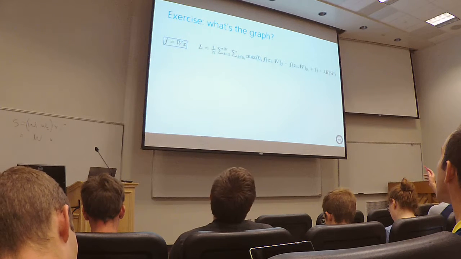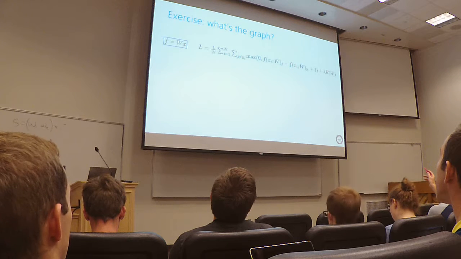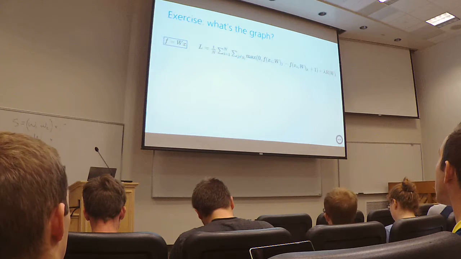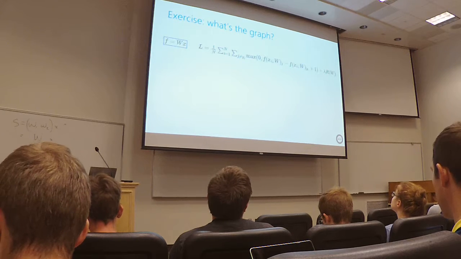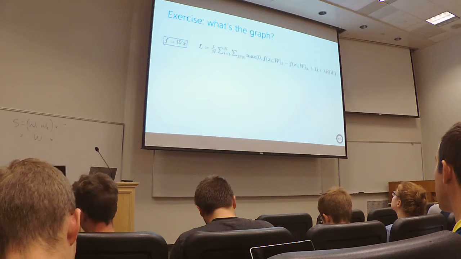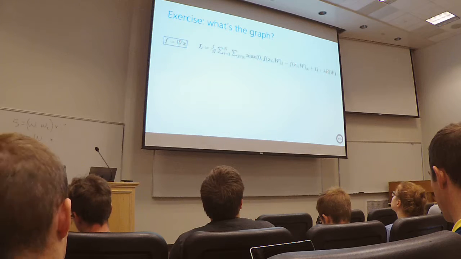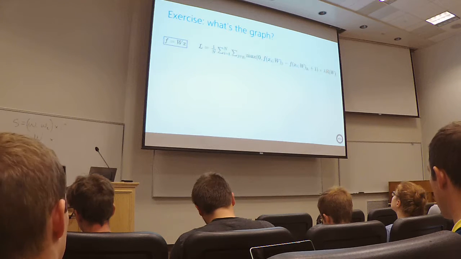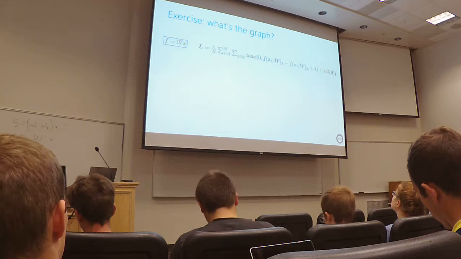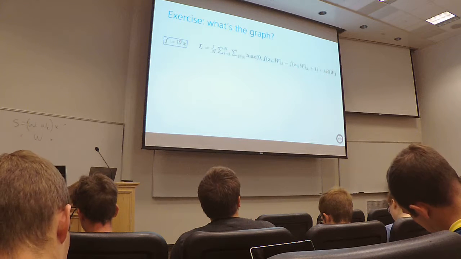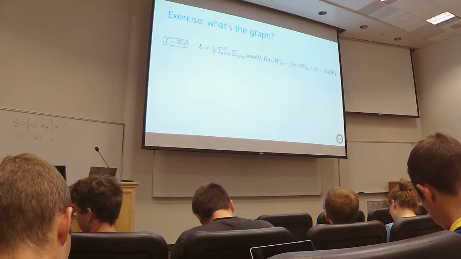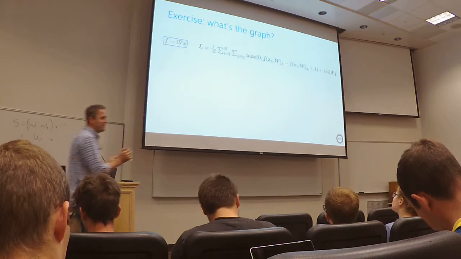Okay, so within the innermost sum. Okay, so whenever you're incorrect, so essentially when j is equal to yi, so you've got the wrong label, you take the maximum of either 0 or this function minus the same function.